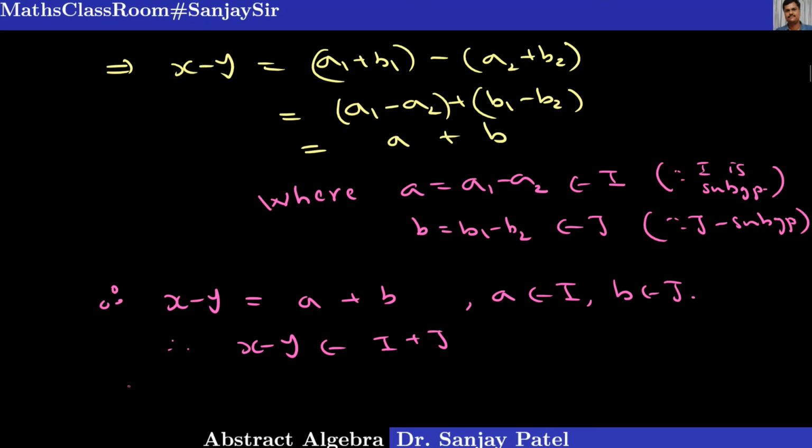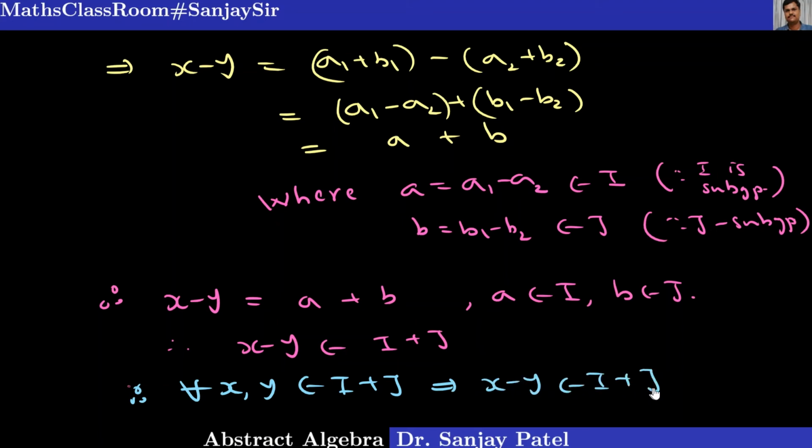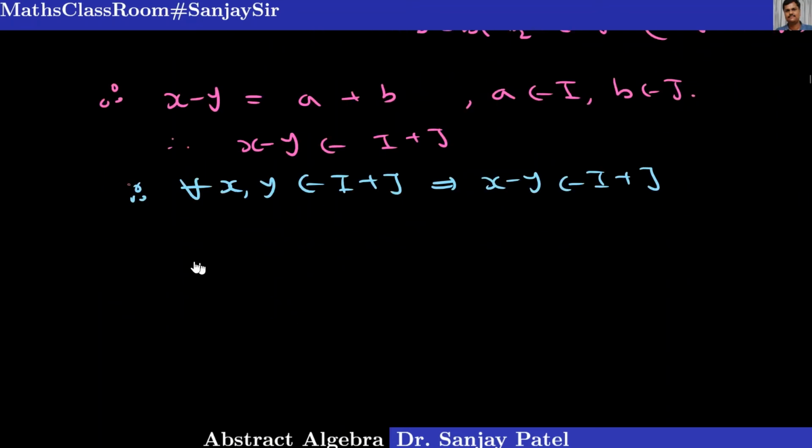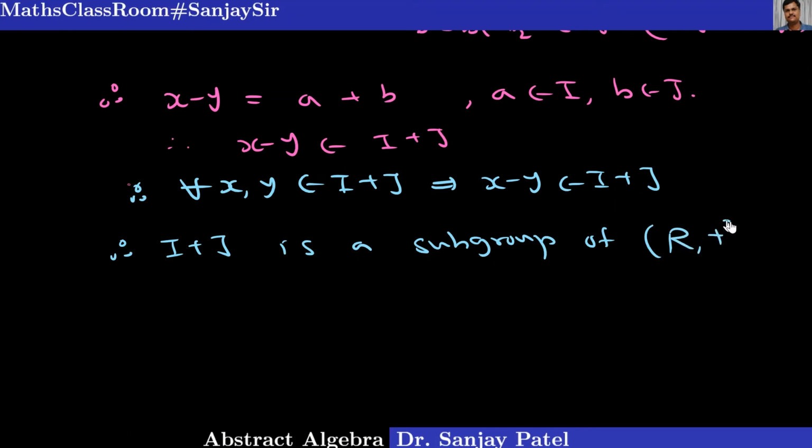So finally, I can say, therefore, for every x and y belonging to I plus J, we have x minus y belongs to I plus J. So I plus J is a subgroup of the ring R, comma plus, or rather the group R, comma plus.